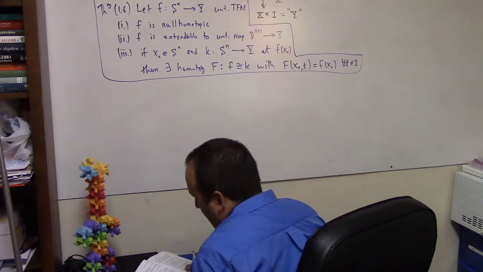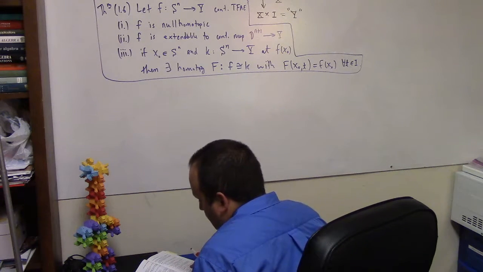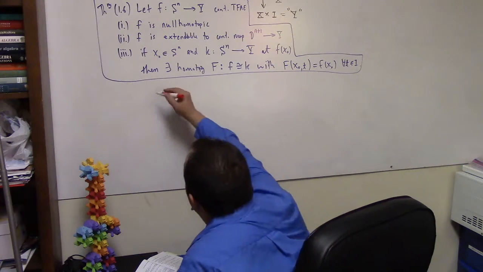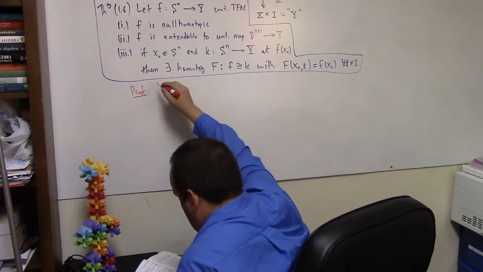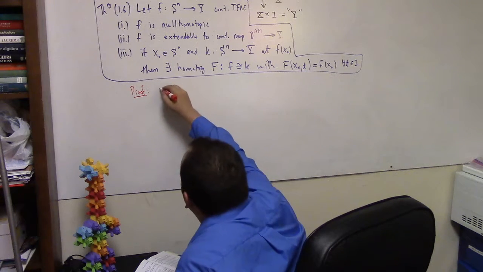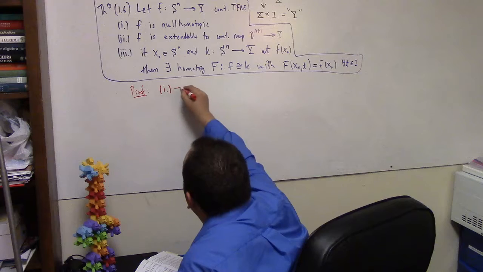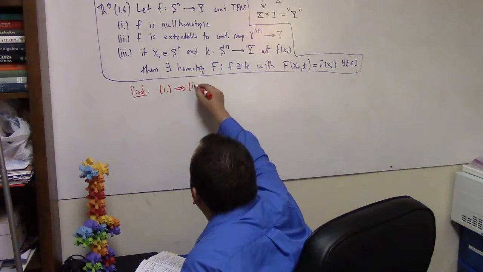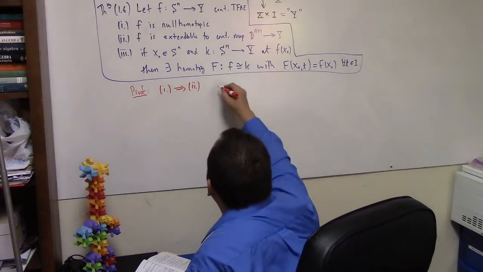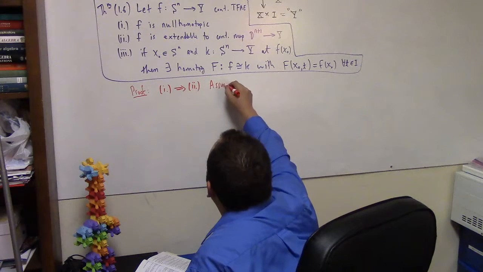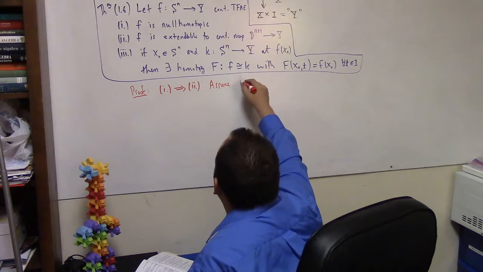Okay, so let's look at the proof just to get started here. So to prove 1 implies 2, how do we do that? So we should assume what? F is null homotopic, right?